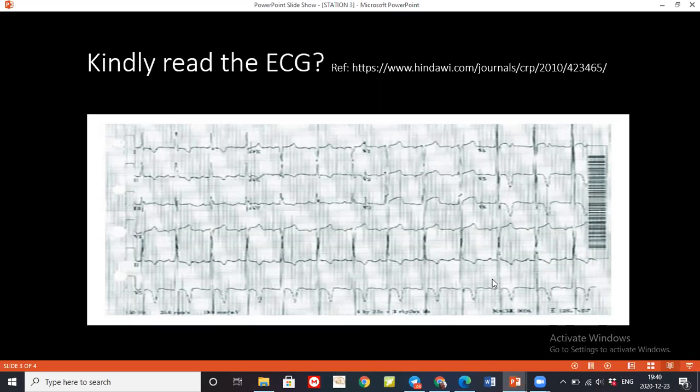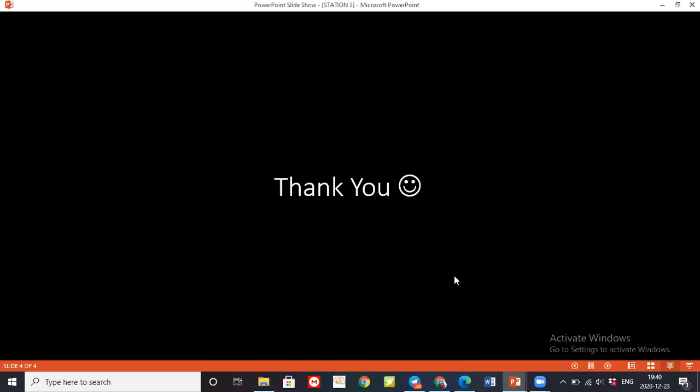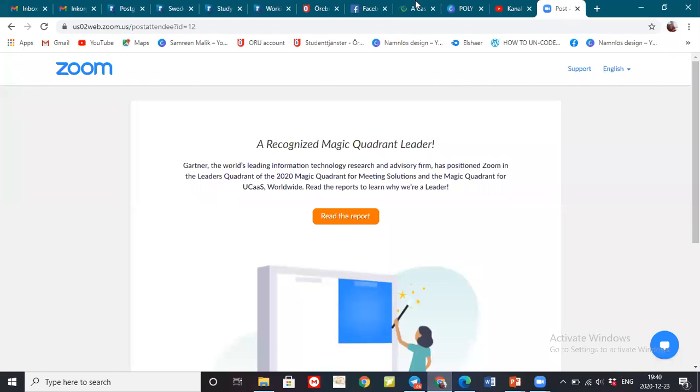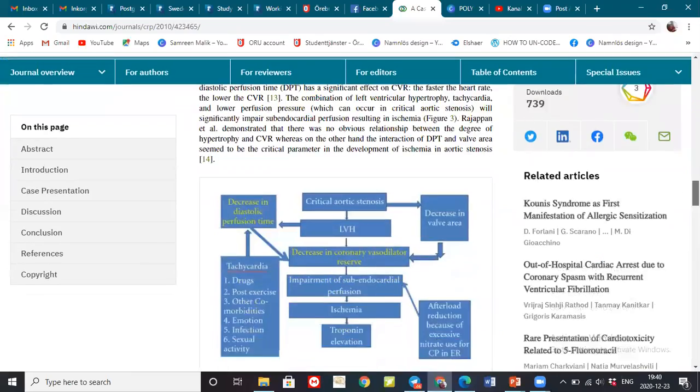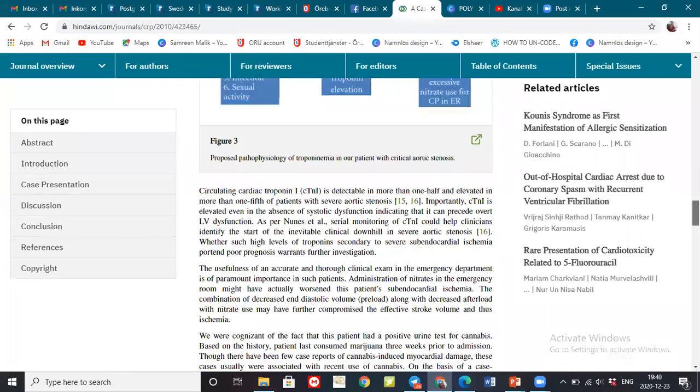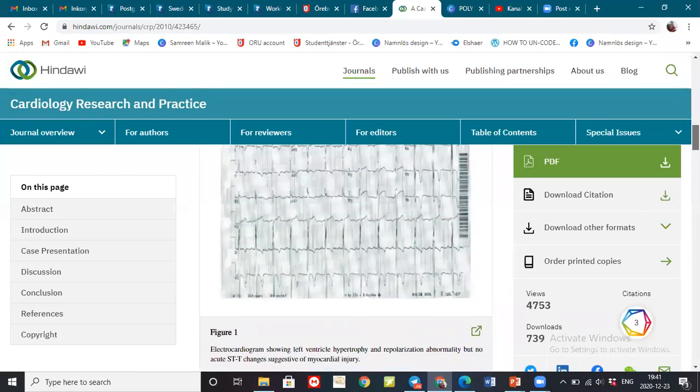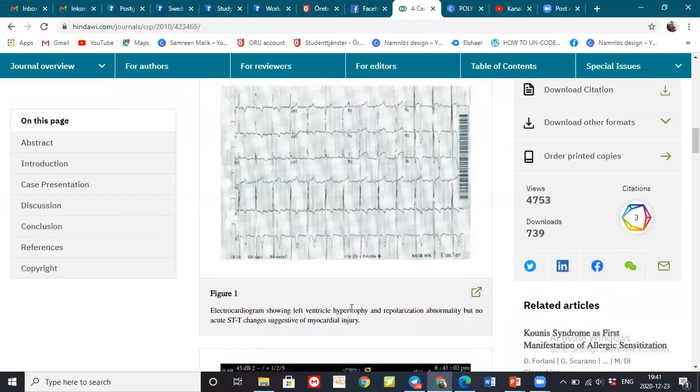Not very clear, but still. Good, thank you. I'll show you, it was the article, I had it somewhere, yes, here. This is from this article, and this is what it says.